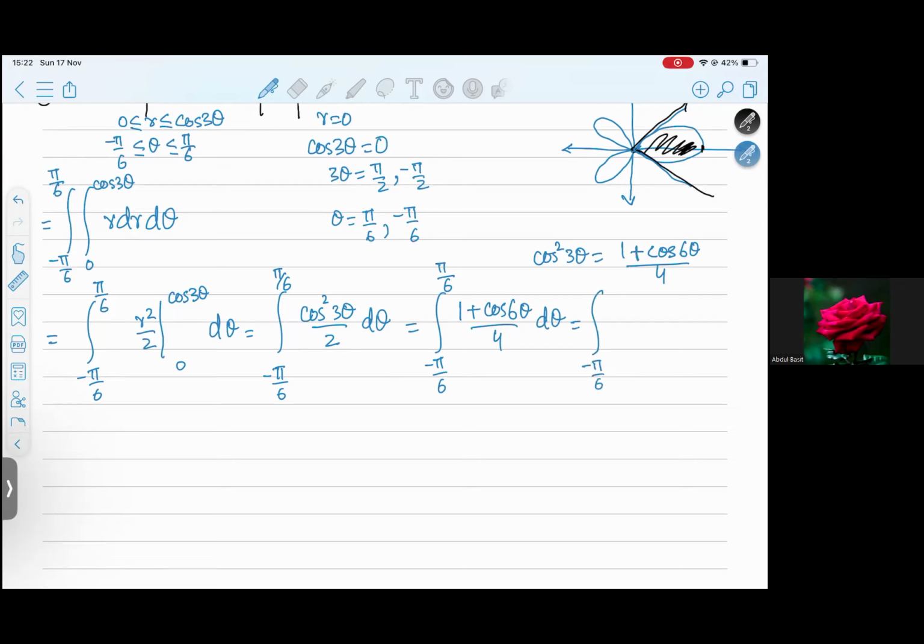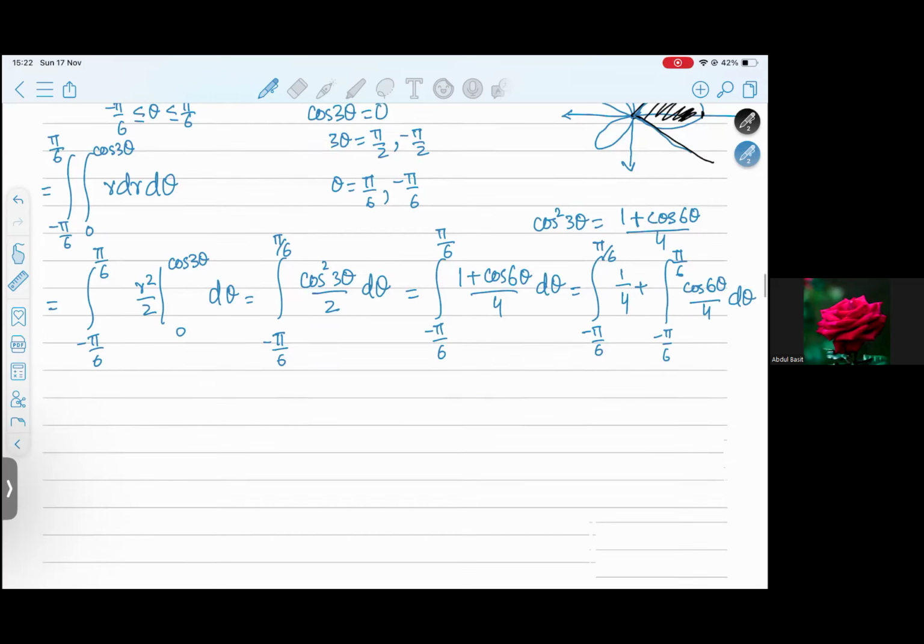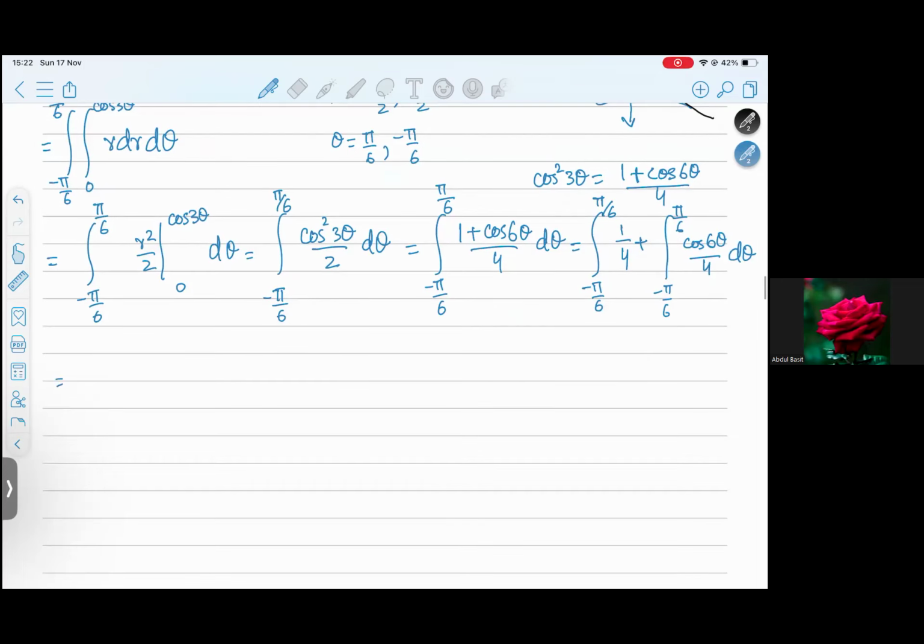Separating 1 over 4, this is the integral from negative pi over 6 till pi over 6 of 1 over 4 d theta, plus the integral of cos 6 theta over 4 d theta. Integrating 1 over 4 with respect to theta, that will become theta over 4, with limits from negative pi over 6 to pi over 6.